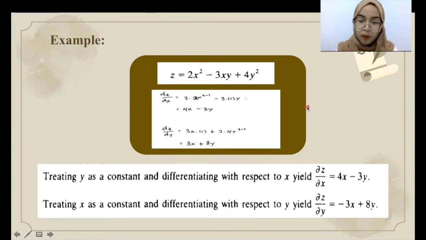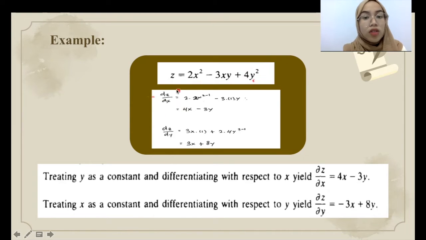So for example, z equals 2x^2 minus 3xy plus 4y^2. We have to find the partial of z with respect to x and the partial of z with respect to y. First, the partial of z with respect to x. Remember, if we are looking for the partial of z with respect to x, we have to treat y as a constant.